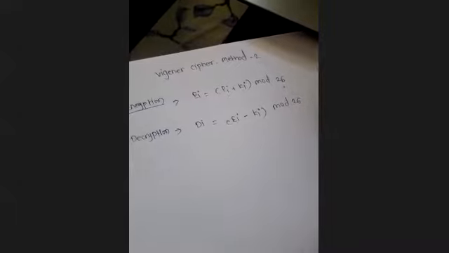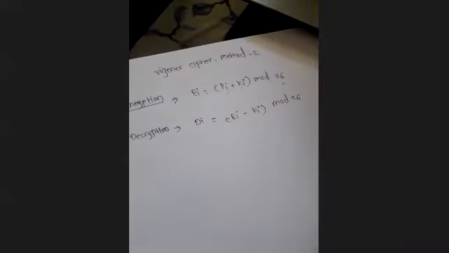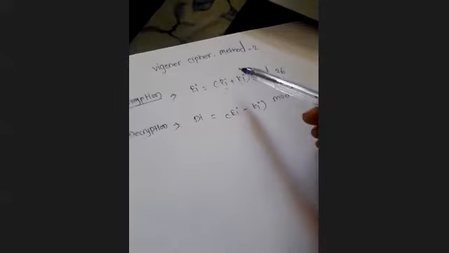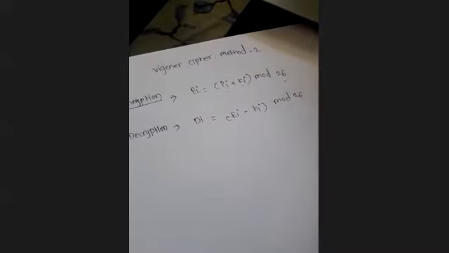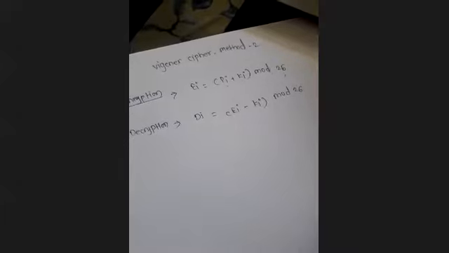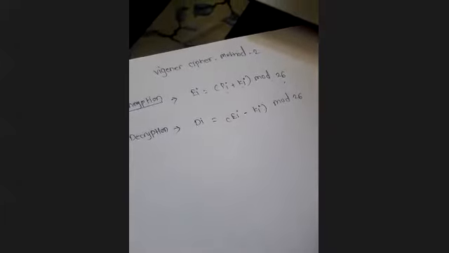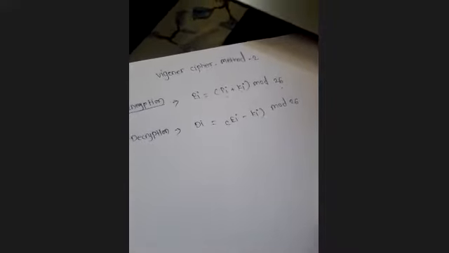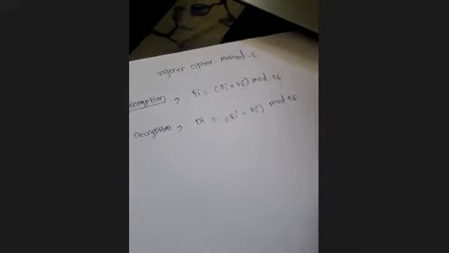In some cases, or in the modular Caesar cipher, the K value will be mentioned differently. If it is mentioned K equals 5, then we have to consider K equals 5. But by default, if no value is mentioned for the key, then the value for the key will always be 3.